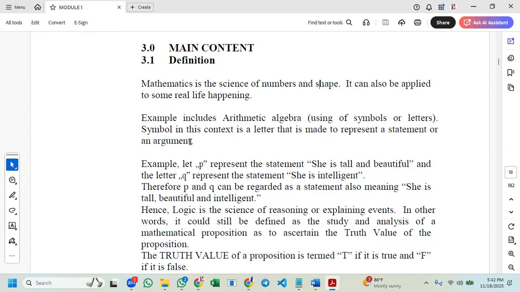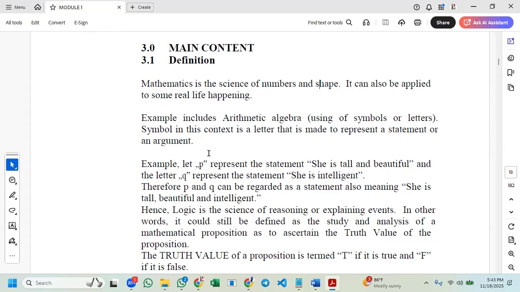So, example, we want to talk about how math is related to arithmetic and algebra using symbols. For example, let's say P represents the statement, she is tall and beautiful, which means whenever I mention P, for instance, if I have informed you before that letter P means she is tall and beautiful, anytime I mention letter P to your hearing, the next thing that comes into your mind is what?